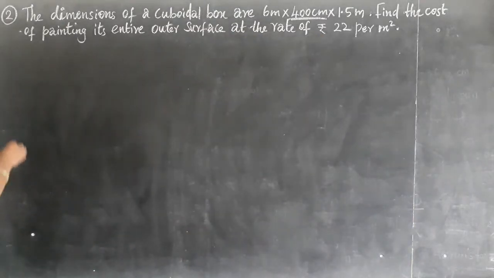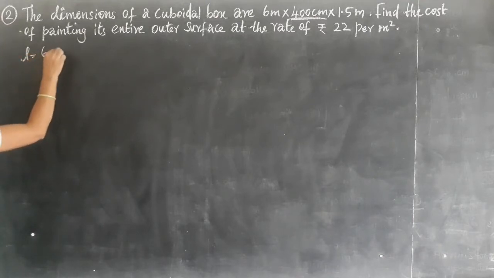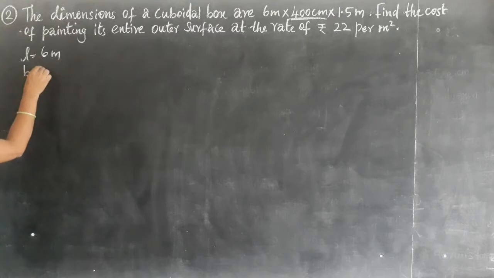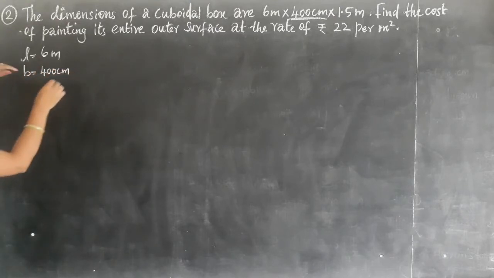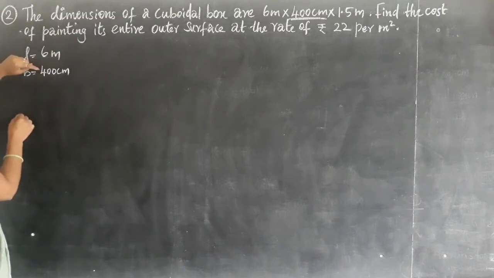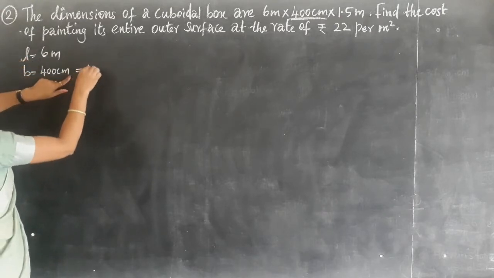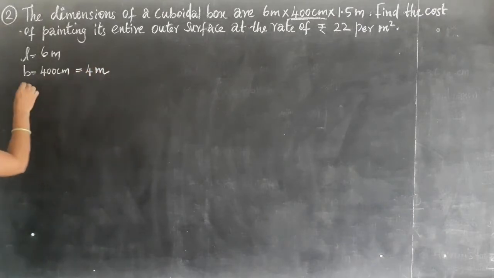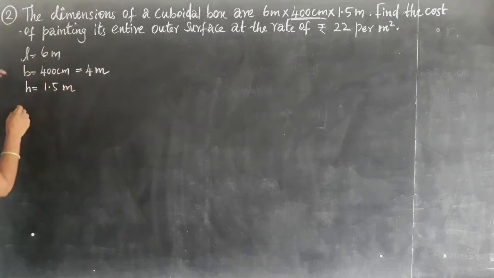So now let us take L is equal to 6 meter and B is equal to 400 centimeter. So 1 meter is equal to 100 centimeter. So here we have 400 centimeter, therefore it is 4 meter. So H is equal to 1.5 meter. So now all the units are same.